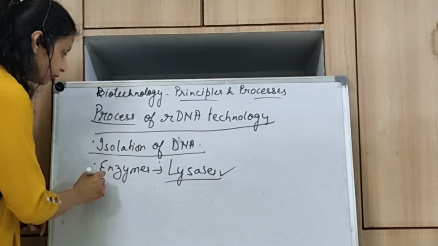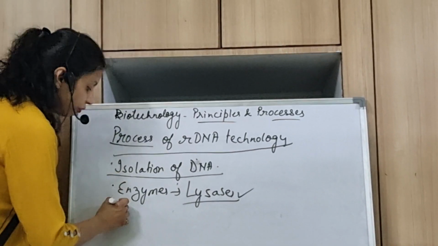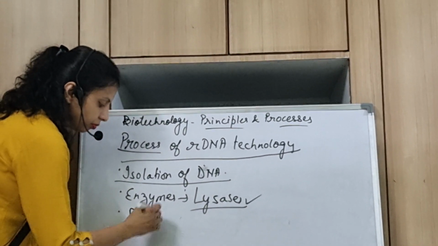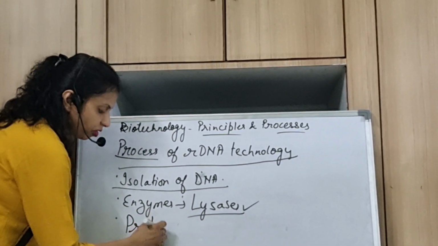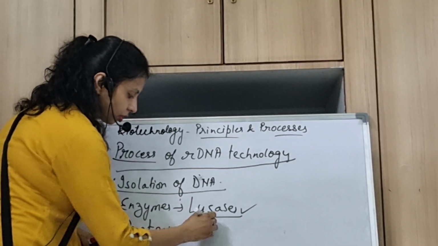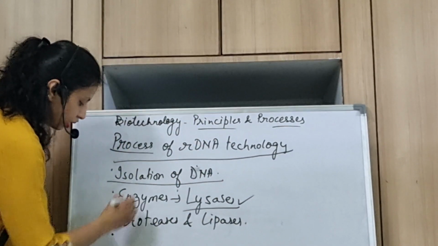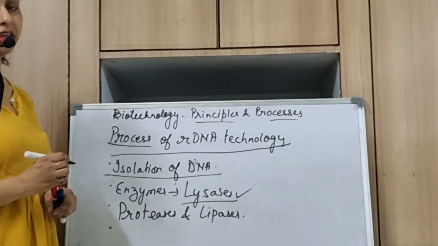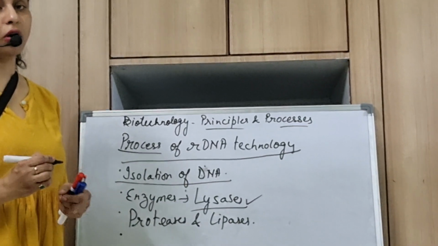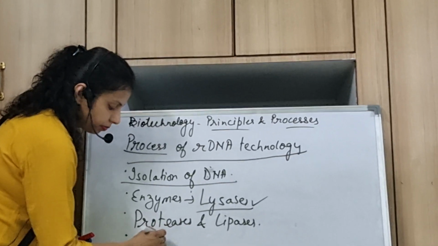Then after the breakdown of the cell wall, if protein is to be removed, we use proteases for cell membrane and lipases for cell membrane. Then if we have to dissolve the RNA, then we use RNase.